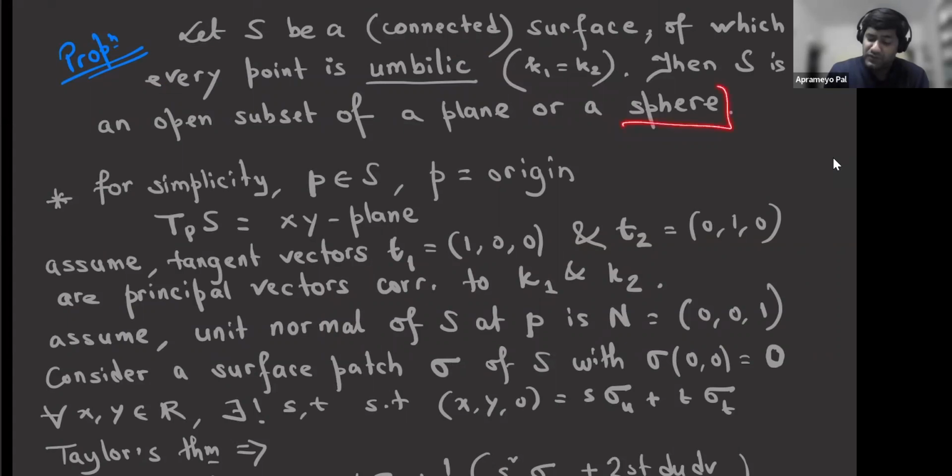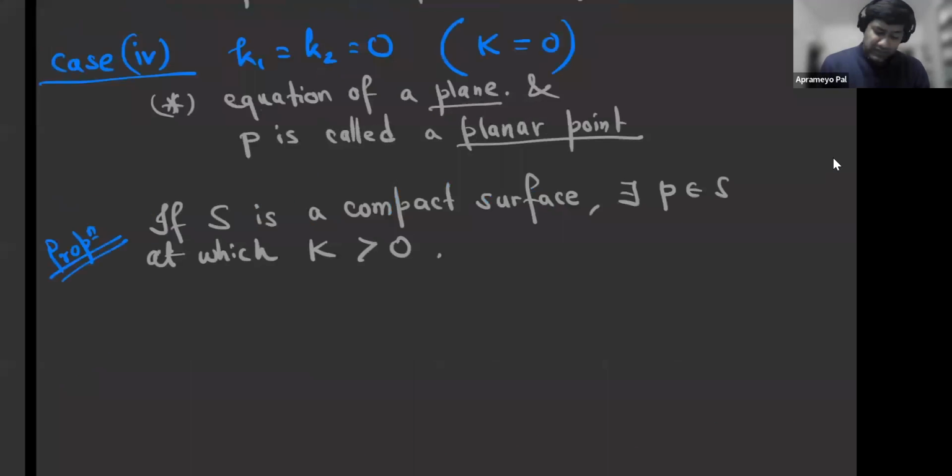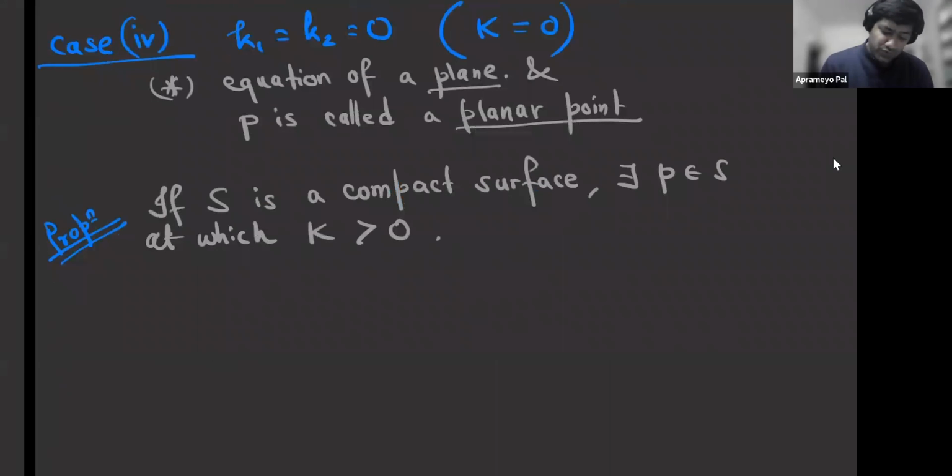So a sphere is an example of an elliptic point. Let me recall two immediate things, in case you don't remember. So when is a subset X in R3 called compact?